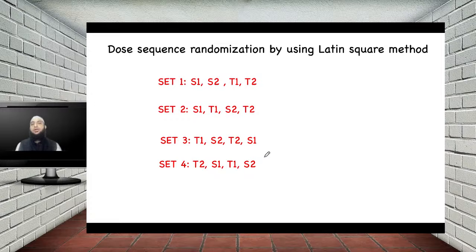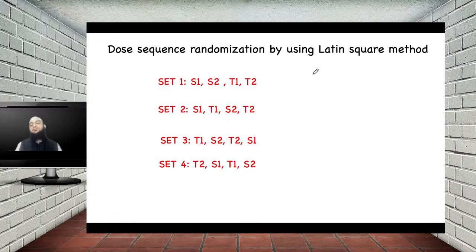Then in set 4 you give the doses with the sequence T2, S1, T1 and S2. So what we did here, we selected 4 doses, 2 of the standard and 2 of the test, and each set is repeated 4 times by changing the sequence, and that sequence is not repeated earlier. This method of randomly selecting different sequences of the test doses is repeated depending upon the number of doses.